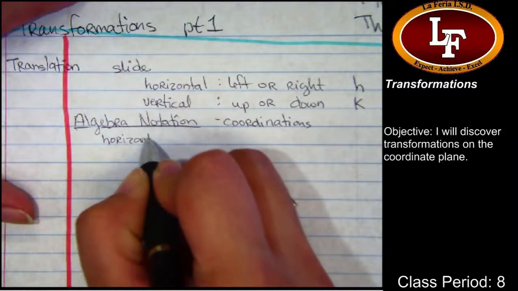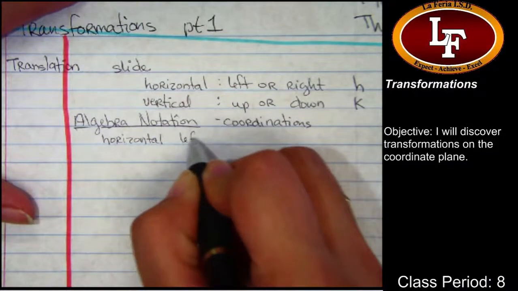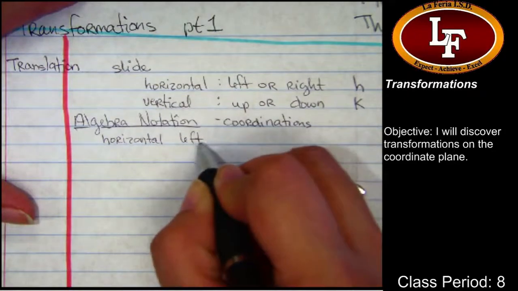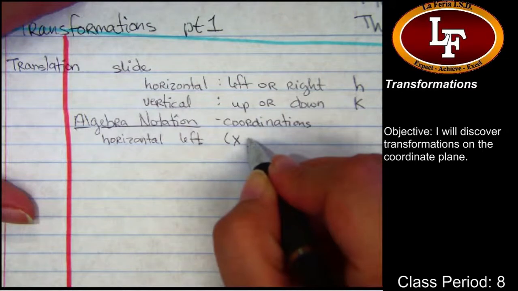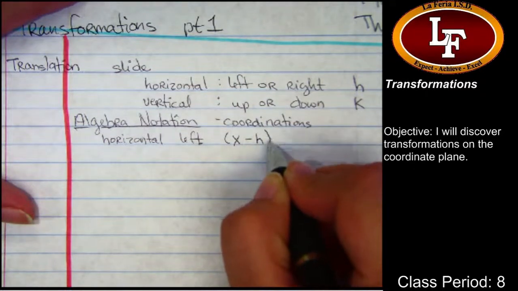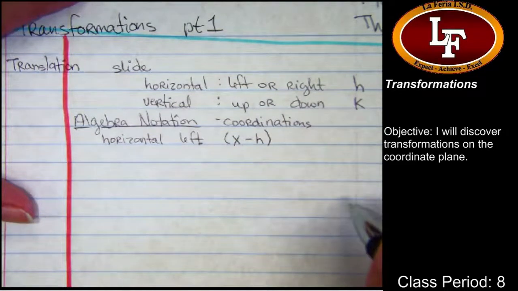When you have a horizontal translation to the left, you are going to change the X coordinate by subtracting the number of units that you have been told to move to the left. So if you've been told move 6 units to the left, you take the X coordinate and you subtract 6 from it, and you've moved it 6 to the left.